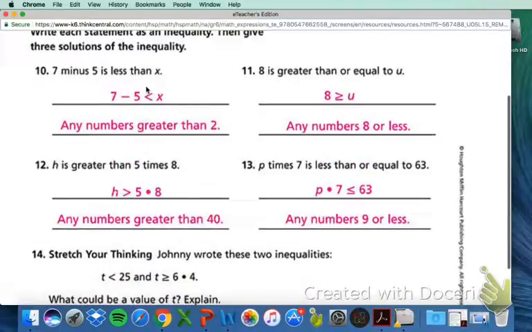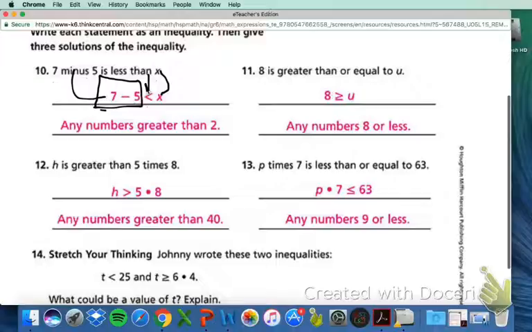Here they're just asking you to translate into math. So 7 minus 5 is less than x. Any number greater than 2 solves that equation.